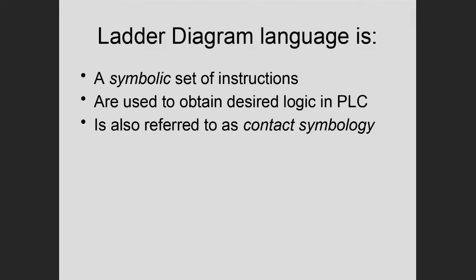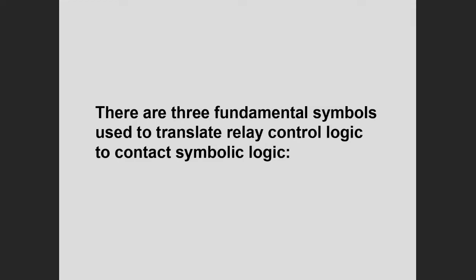It's graphical. There are 3 symbols. Now don't think of normally open and normally closed. When you see the next symbol, it's going to make you think of a normally open contact, but we're going to call it what it is. It's not normally open. These are the actual instructions. You still have normally open and normally closed switches, and you still have normally open and normally closed contacts.